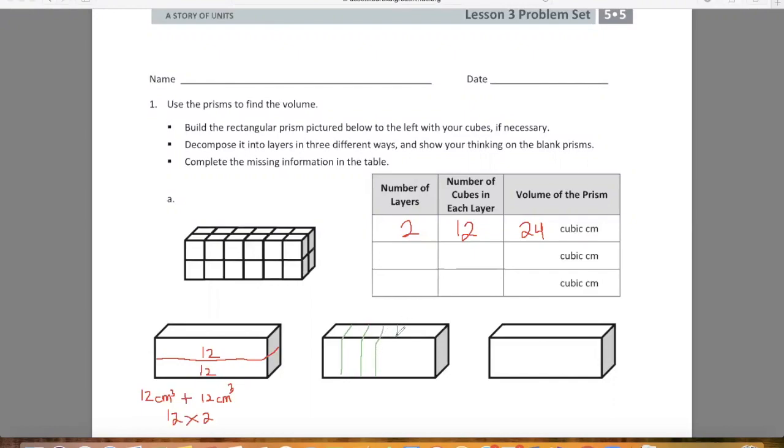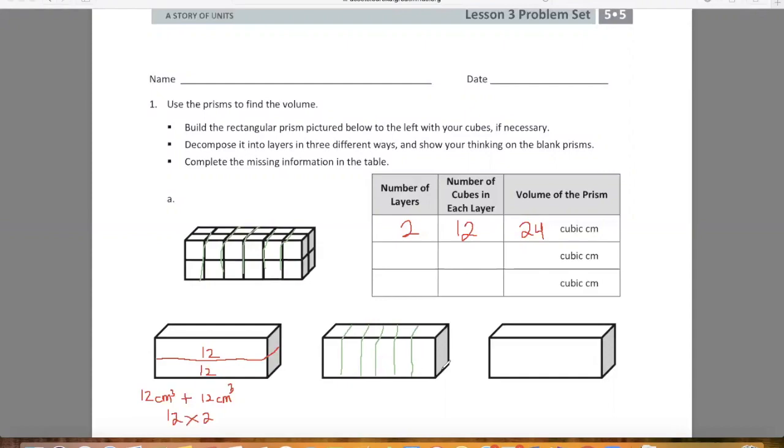And I can count them and actually see them right here. 1, 2, 3, 4, 5, and this last one 6. So I have 1, 2, 3, 4, 5, and 6.